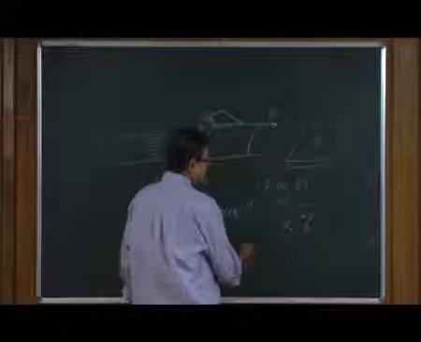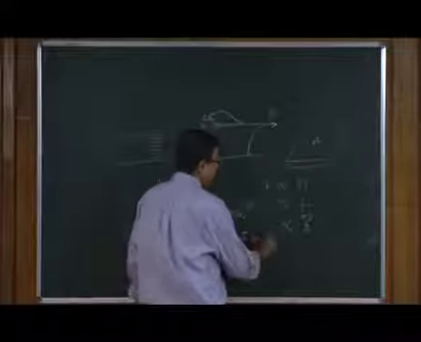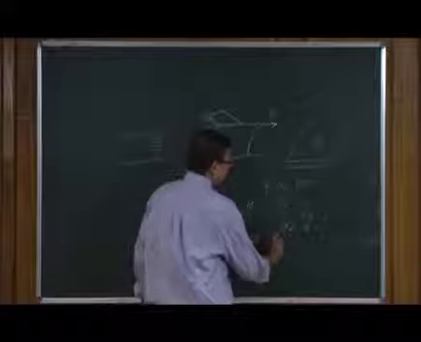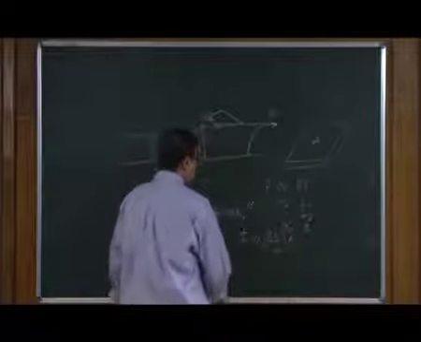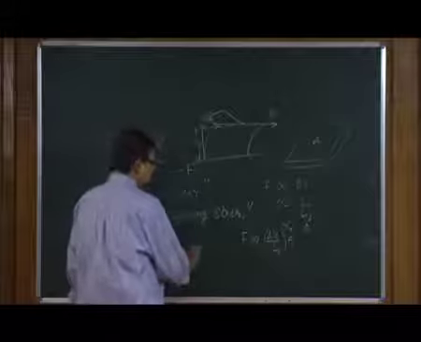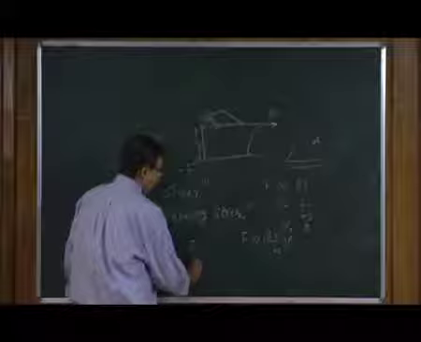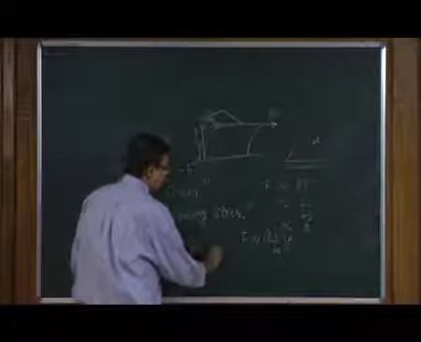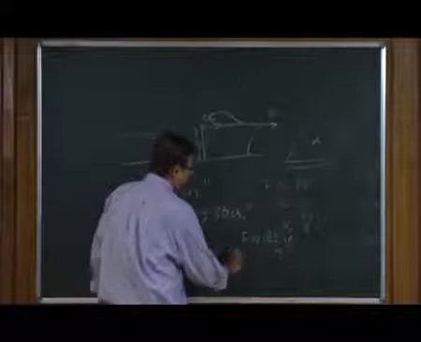So, combining just like before, we can write F over A is equal to G times delta x by L0.